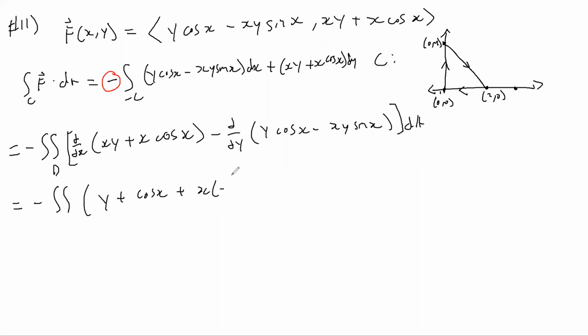Yep. Okay, there you go. So that's going to be subtracted by the partial derivative of that with respect to y, so cosine x plus x sine x. All right, dA.